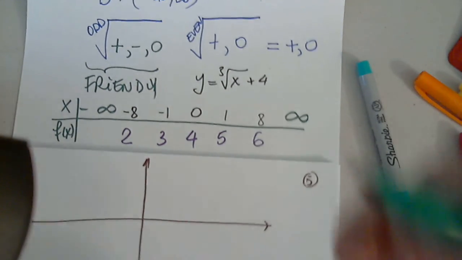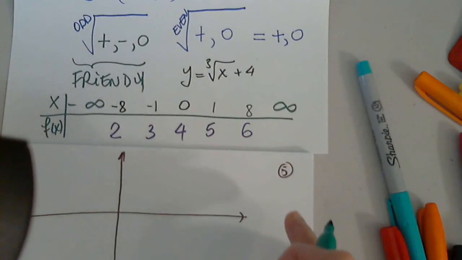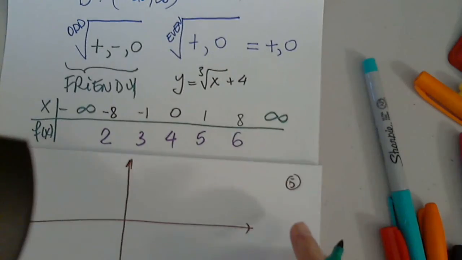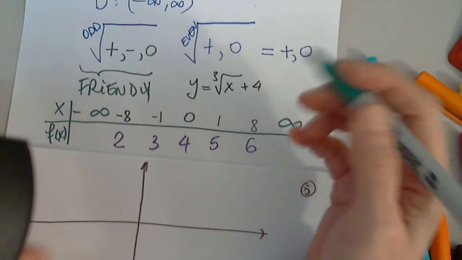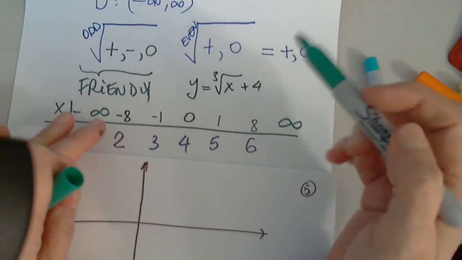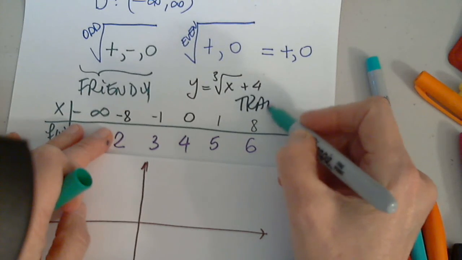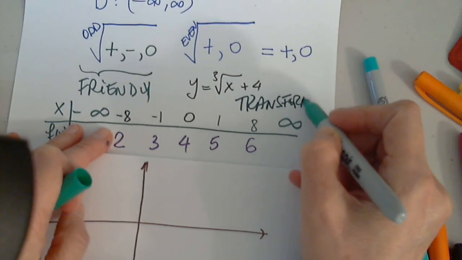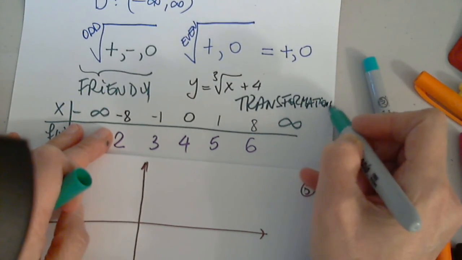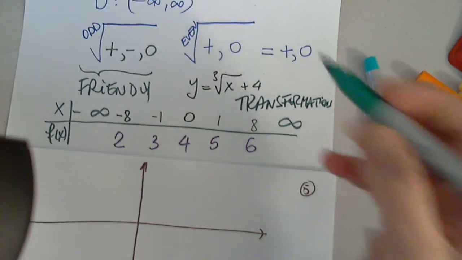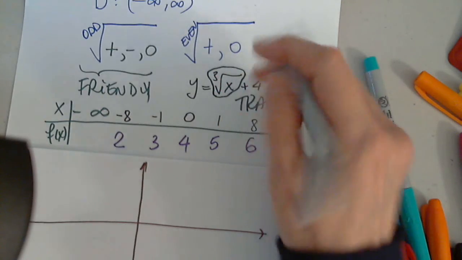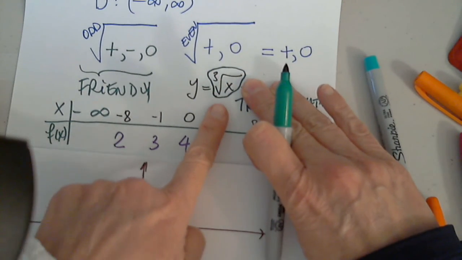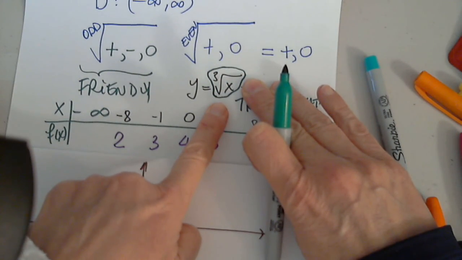Okay, so now, obviously, I did not get far enough to the left, but I'm hoping that in the past, you remember what is called transformations. What's a transformation? So obviously, this is what we call the base function, the simplest cube root function.